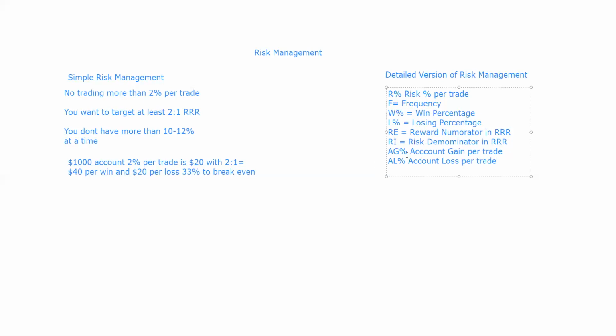So account gain per trade, account loss percentage per trade. Typing and talking is not my forte, but we're going to get through this. This is going to be your account gain gross percentage, not account gain per trade. Account gain gross percentage.